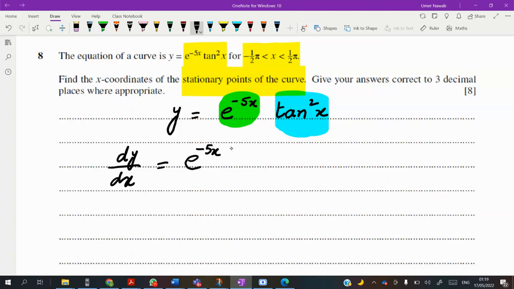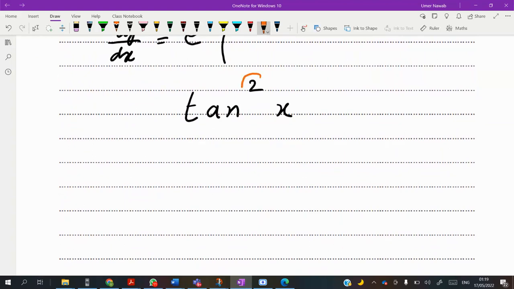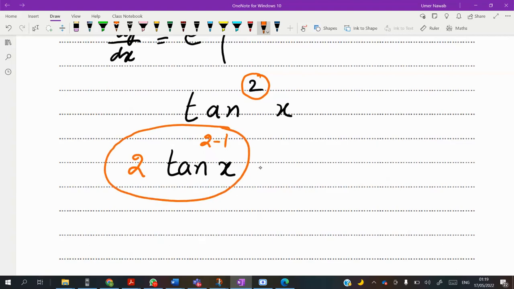Now we need to do the differentiation of tan square. Guys, tan square of x, how do we do the differentiation? First, we apply the power rule: the power comes down, keep the function as it is, argument as it is, and from the power you subtract 1. Then the next job is to take the derivative of tan.